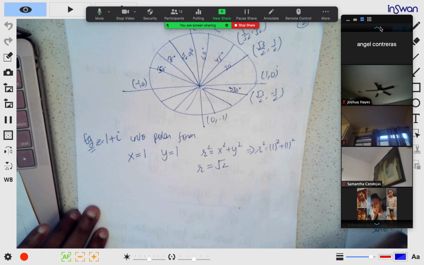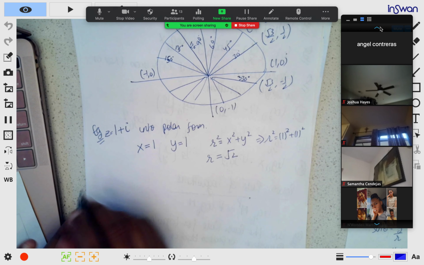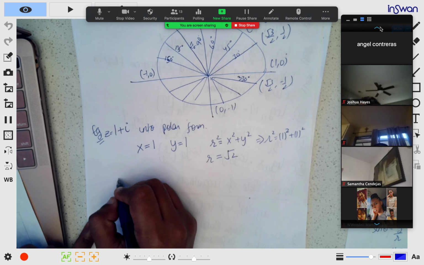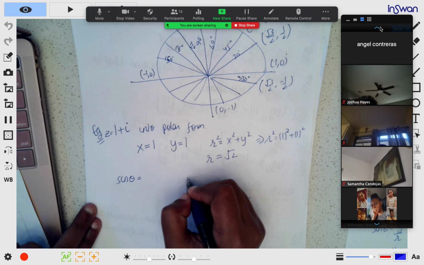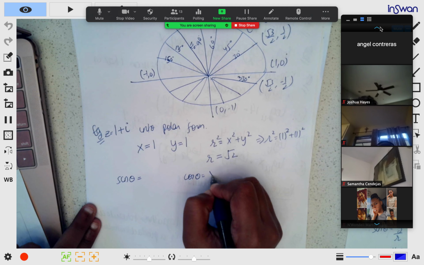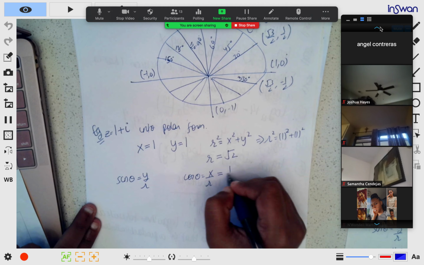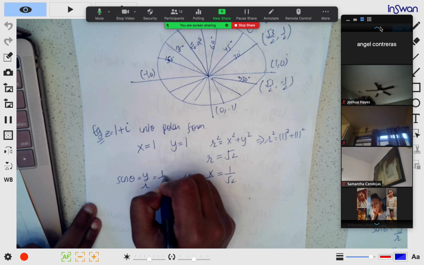Okay, perfect. How do you find your theta? If you already have your x and y, and the cosine and sine are x over r, y over r, you're going to have 1 over root 2 for both. For what value are both 1 over root 2?